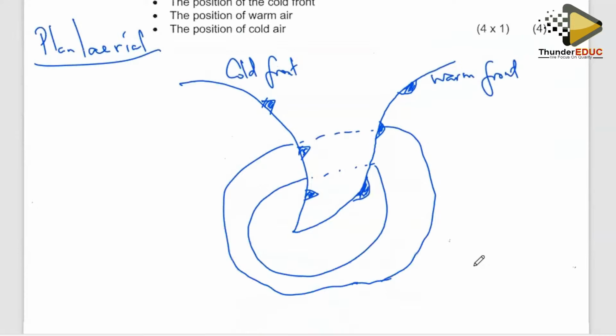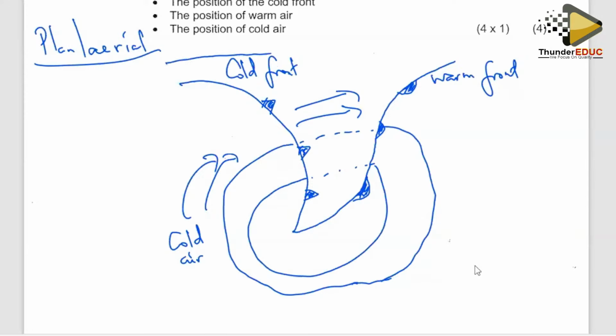And then the cold air, we find it here, and the warm air is in that direction. That's basically what you're supposed to illustrate. And then maybe you can put it in a frame, but that doesn't matter.